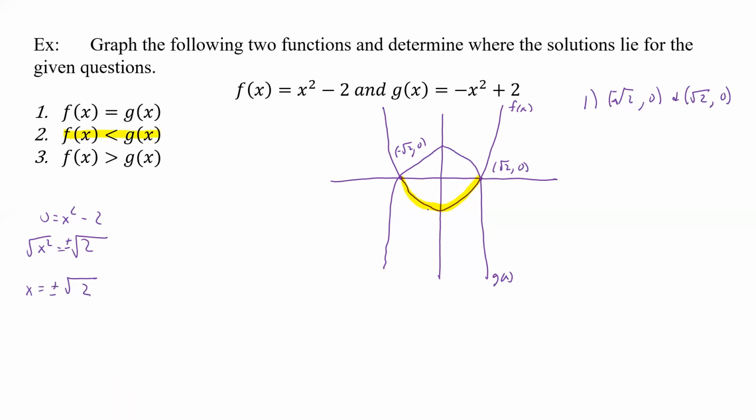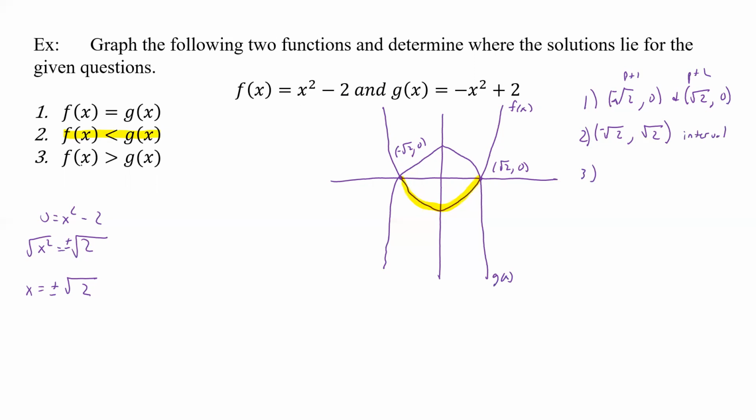That one is going to be less than from negative square root of 2 all the way up to positive square root of 2. So it's over that interval. These are just points, and that's over the interval. So these are 2 points, point 1, point 2, and this is an interval. Okay.